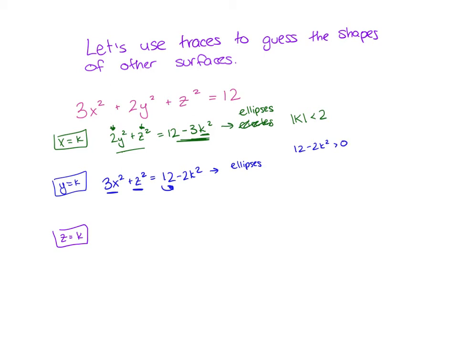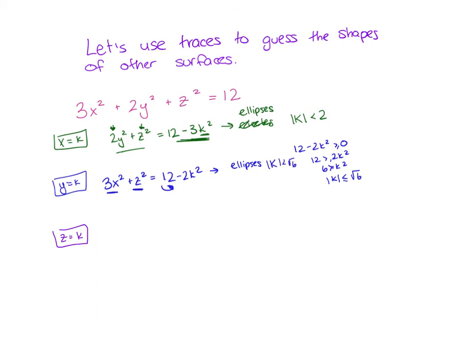So I'll actually show you where I got that absolute value of k expression last time. So I'm just going to solve this. 6 is greater than k squared, so the absolute value of k, because I'm going to square root both sides, that could be equal to 0 as well, is less than root 6.